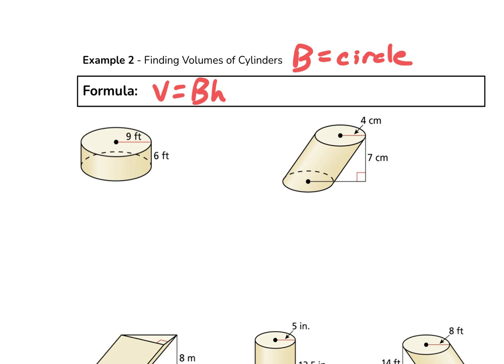And so knowing that, because the base is a circle, we just got done talking about the area of a circle, right? We're going to find the area of big B. Well, the area of a circle is pi r squared. So instead of doing big B times h, we're going to do pi r squared times h, because that is big B. This time it's the same every time.